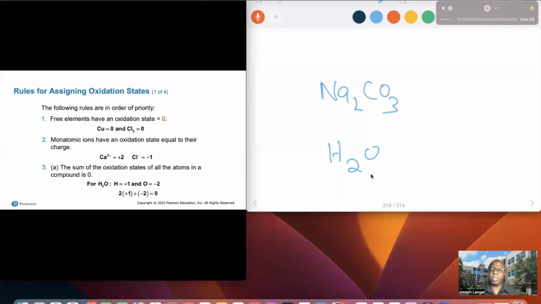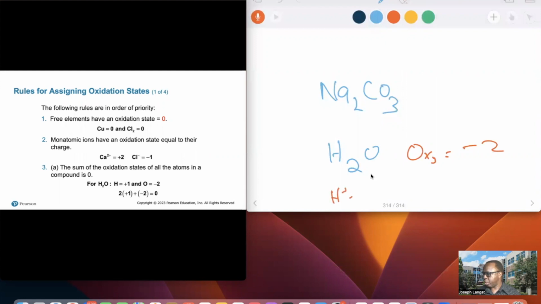Other elements you can calculate. For example, here, oxygen equals negative 2, and hydrogen is positive 1. So this is plus 2, negative 2. You end up with 0. That's why the sum of the oxidation states adds up to 0.